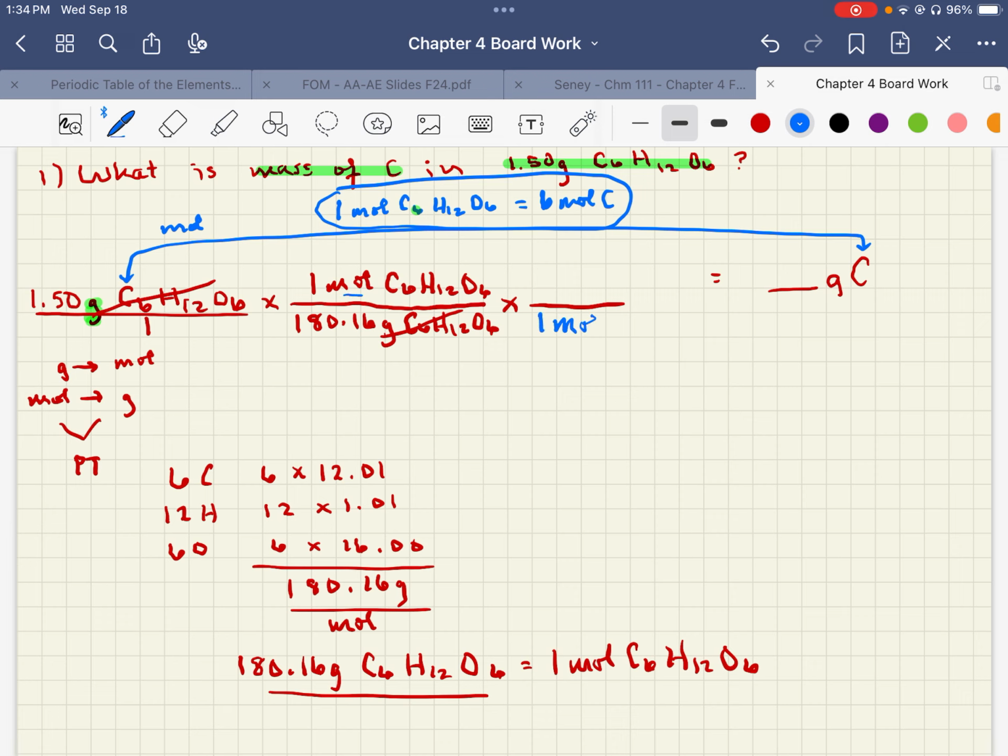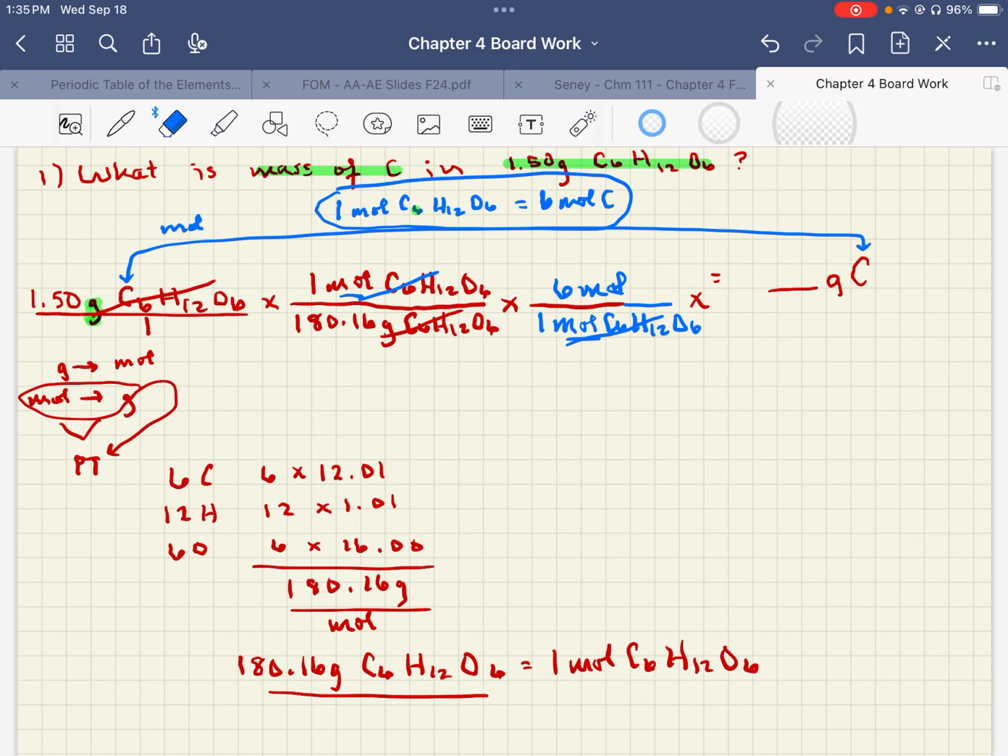So we have 1 mole of C6H12O6, and on the top of this, we have 6 moles of carbon. We've got moles here and moles here of the same compound, and those will cancel. In the last step, we've got to get to the mass of carbon. Remember, if we go from moles to mass, we again go to the periodic table.